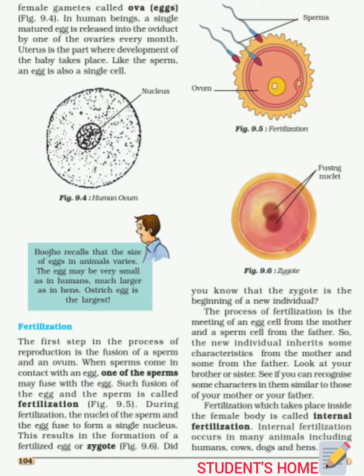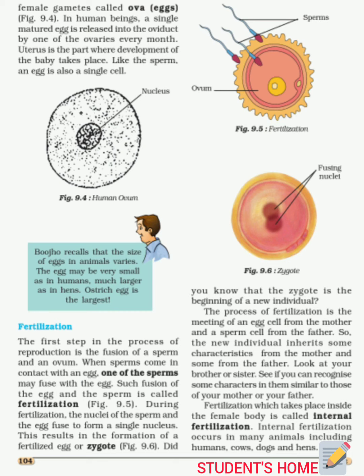The process of fertilization is the meeting of an egg cell from the mother and a sperm cell from the father. So the new individual inherits some characteristics from the mother and some from the father. Fertilization which takes place inside the female body is called internal fertilization.